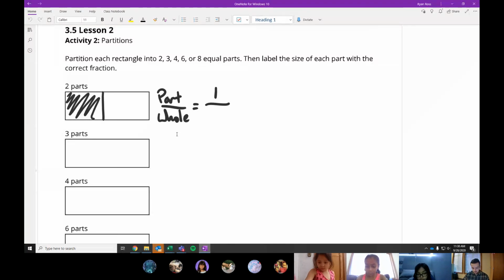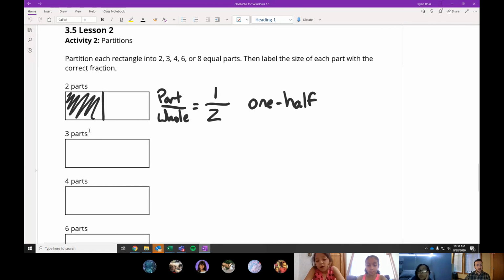How many pieces are there? 2. So each piece is what? 1/2. Yeah, 1/2. We have 2 parts that make the whole, and we're only looking at one of those parts. So 1 part to 2 that make the whole, 1/2.